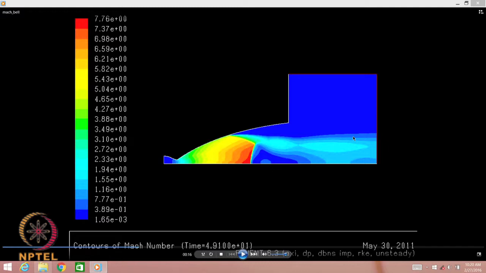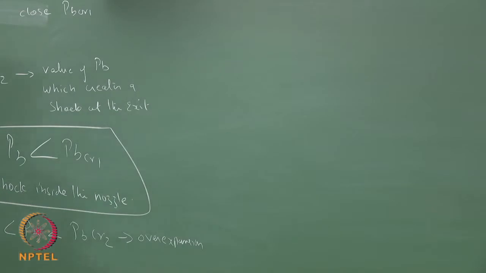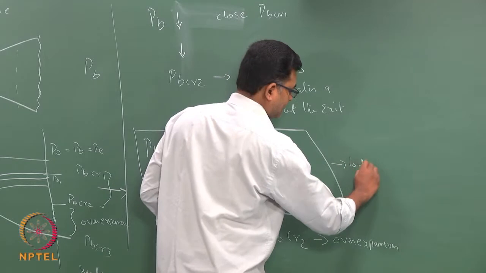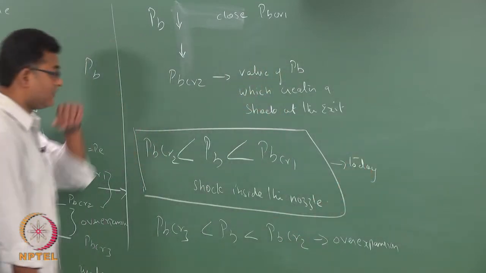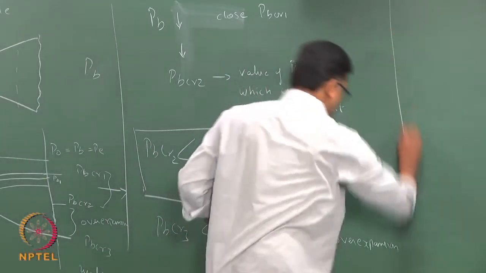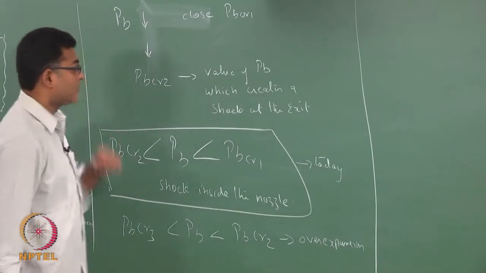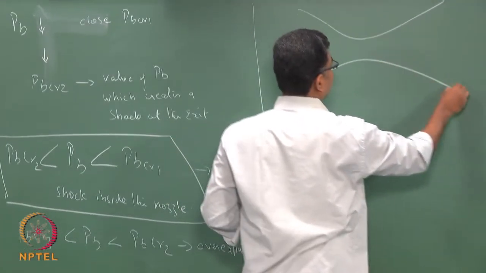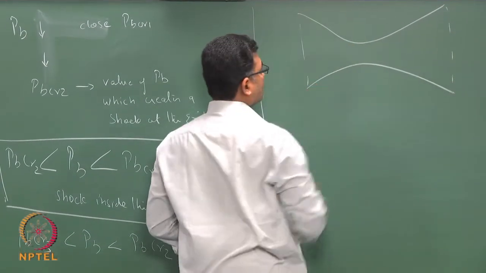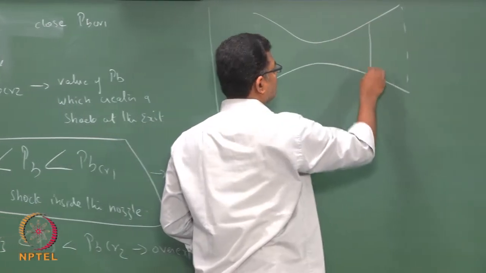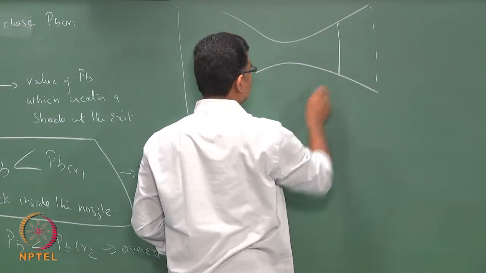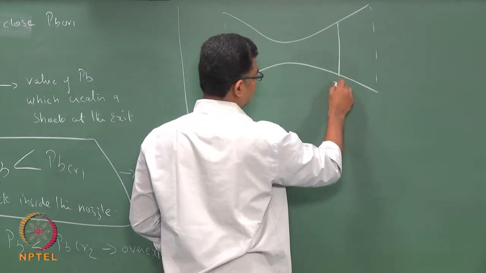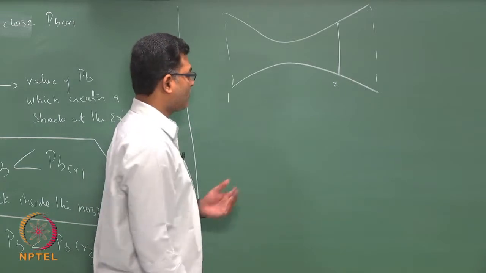Okay. So, now we will come back to this. We are going to analyze this case today. So, if I have a nozzle and I have a shock here at some location, let us call this location 2, the entrance is location 1.